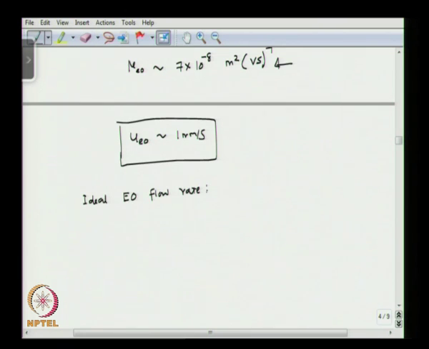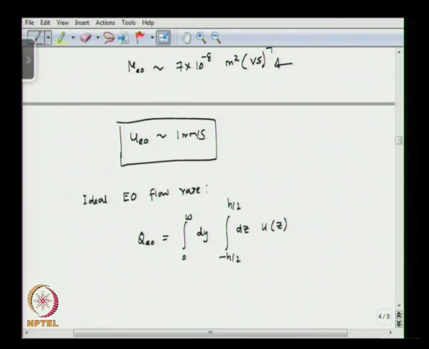Q EO is the integration from 0 to W, that is W is the width of the plate, into dy, and then integration from minus h by 2 to h by 2 dz, and the velocity is varying along z, u z.